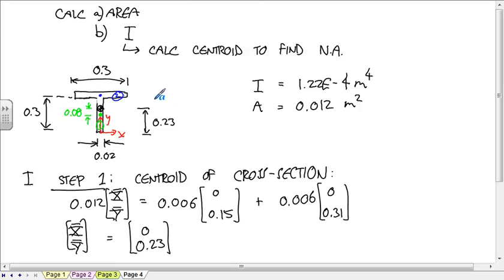And this distance from the whole centroid to the centroid of the top one is 0.09, right? Oh yeah, because they're the same. That's right. It has to be because they each have the same area.